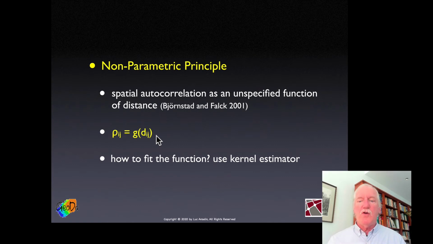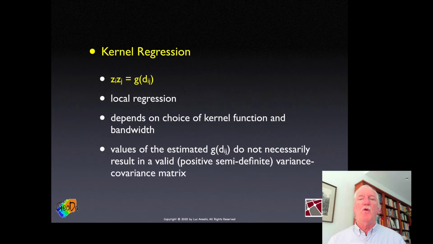And what kind of curve? A local regression or a kernel function. So in essence, this is a non-parametric, nonlinear smoothing of a scatter plot, very much in the same way that we did a lowess smoothing of our standard scatter plot or of the Moran scatter plot.